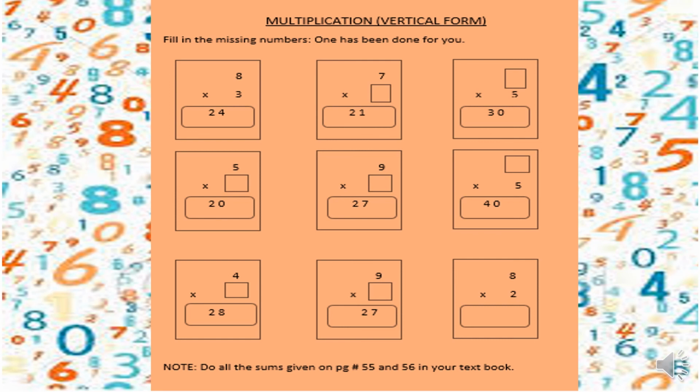So 7 times 4 equals to 28. You will write 7. How many times 9 equals to 27? So 3 times 9 equals to 27. And 2 times 8 equals to 16.